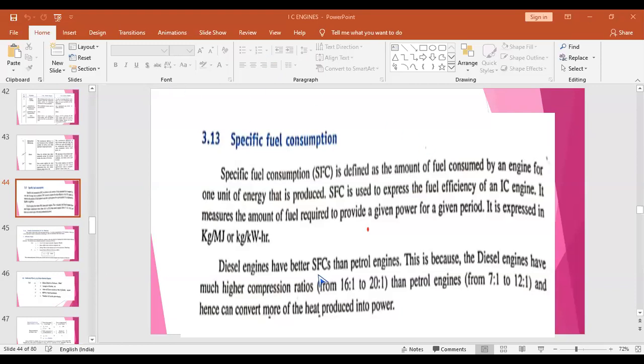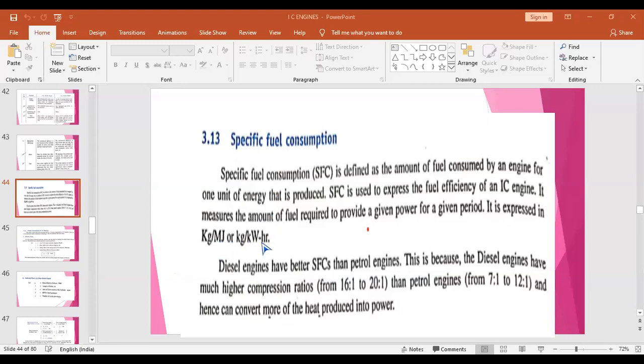The specific fuel consumption is very high in diesel engines, and less in petrol engines. Remember all of you, the unit of specific fuel consumption is kg per megajoule or kg per watt hour.